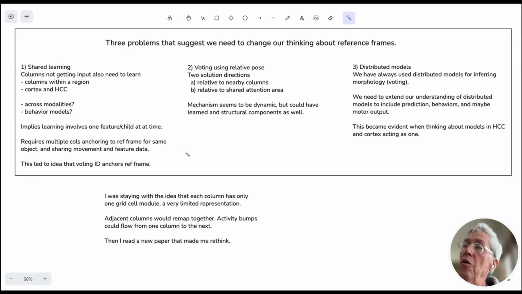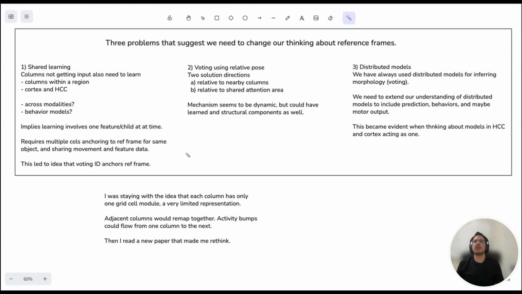But during learning, we're saying no, we're all going to lock into the same thing. We're all going to learn this is the feature now, and this is the next feature. So it's definitely during learning. I'd have to think about it more during inference. I was assuming it did happen during inference, but I have to think through it more carefully.